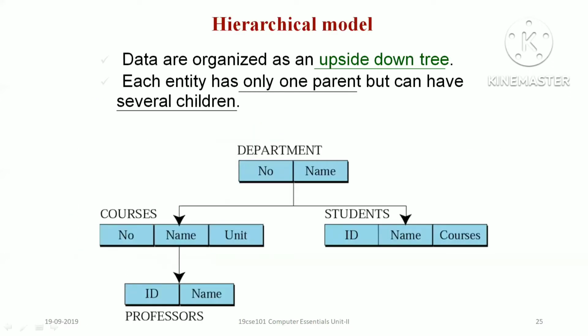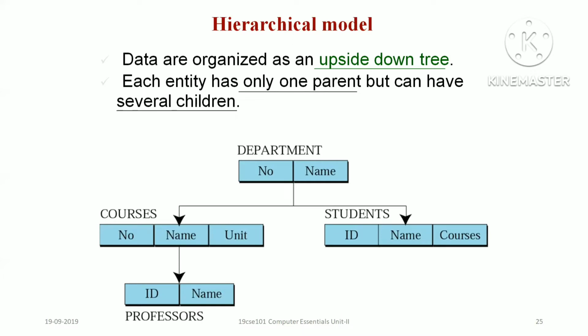Now let's discuss the database models one by one. First, we'll discuss the hierarchical model. A hierarchical model means it comes from top level to bottom level, right? For example, let's take any company or organization. In a company, the topmost is the owner, right?